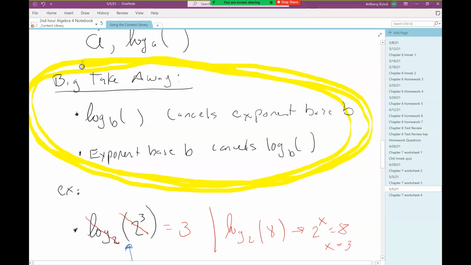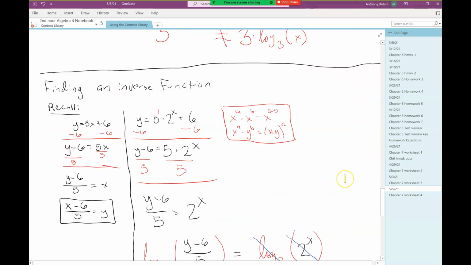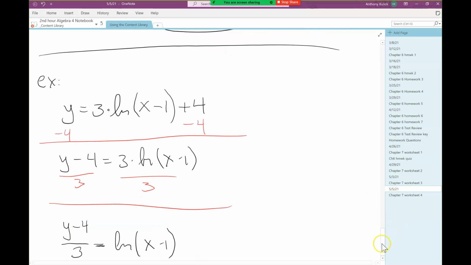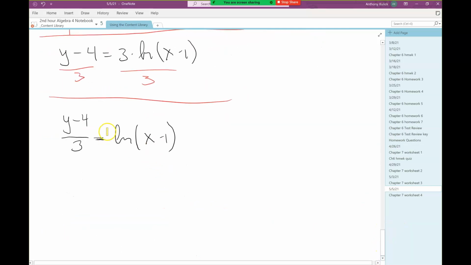So an exponent base is going to cancel a logarithm, right? So in our case, what is the base on our logarithm? What's the base on ln? It's not 1. It's e.